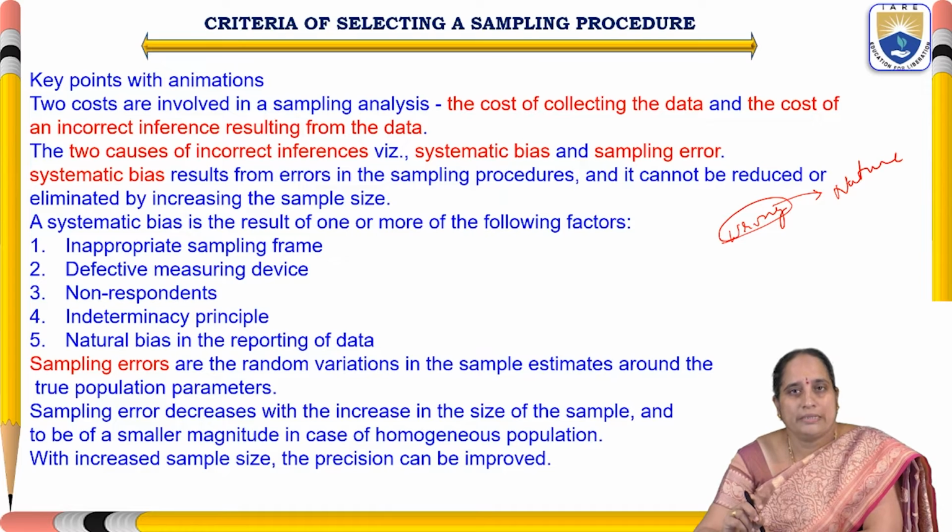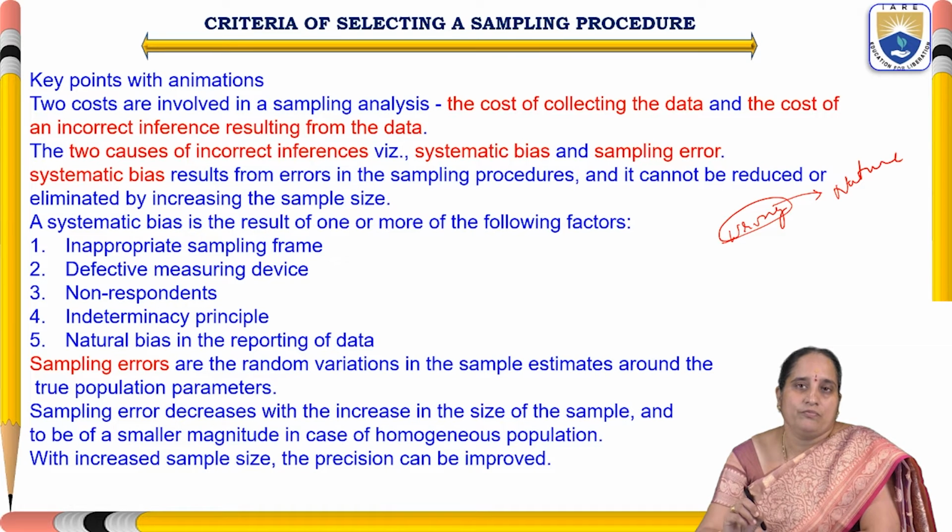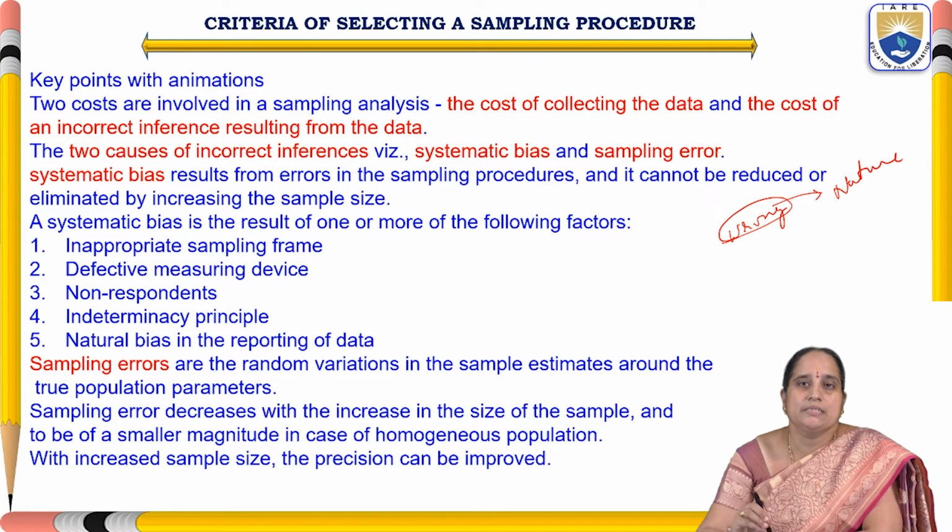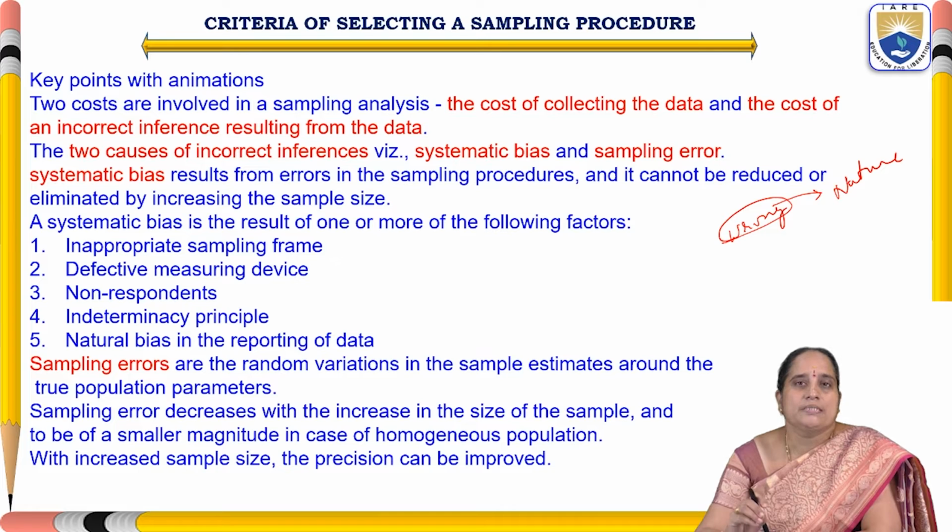See, there are two reasons for the selection of incorrect samples or inferences. One is systematic bias, another one is sampling error. Systematic bias results from errors in the sampling procedures. Instead of using one type of sampling procedure, if you go with another one, it leads to systematic bias.